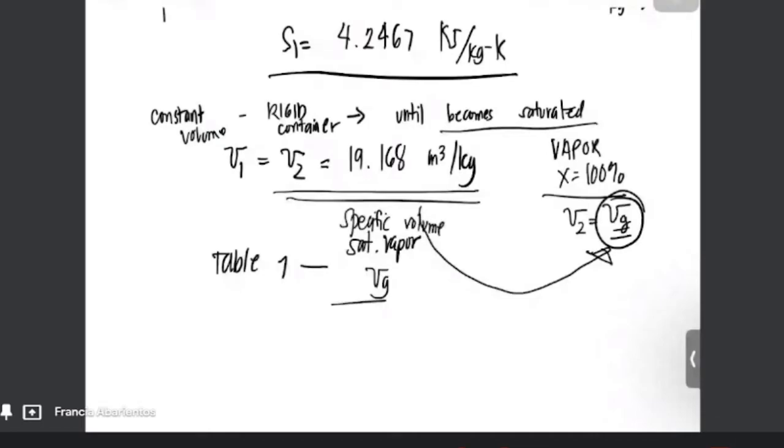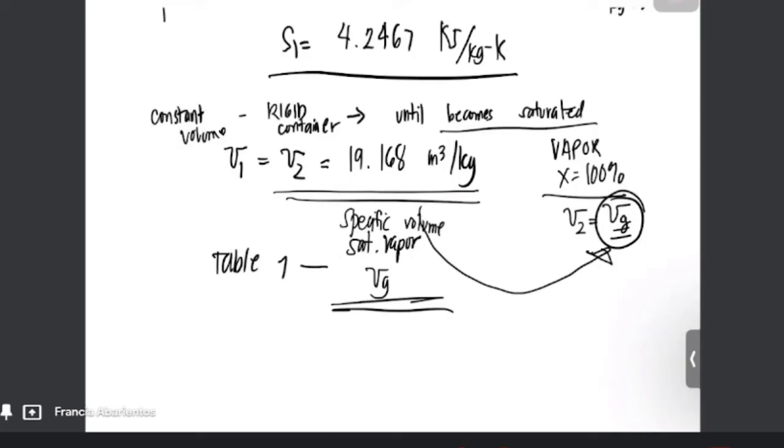Sige nga, hanapin niyo vg. Kasi sinabi sa problem, until it becomes saturated. Hindi pwede sa table 2 kasi saturation pressure yon, as well as sa table 3 hindi naman sinabing superheated region siya.